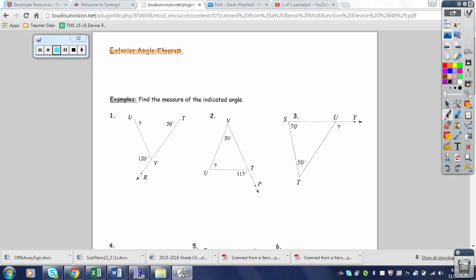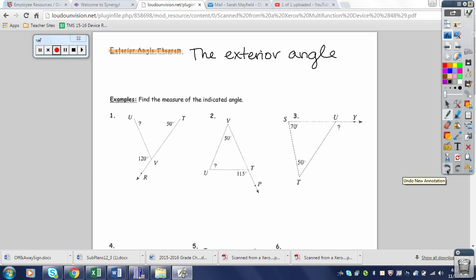The exterior angle theorem says the exterior angle, which is the angle that's not inside a triangle. So if I come down here and just preview, look at a picture, the angle that's on the outside would be 120. That's my exterior angle.